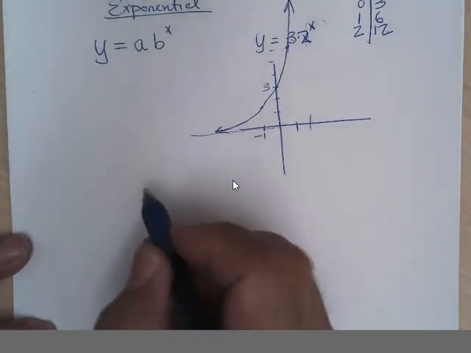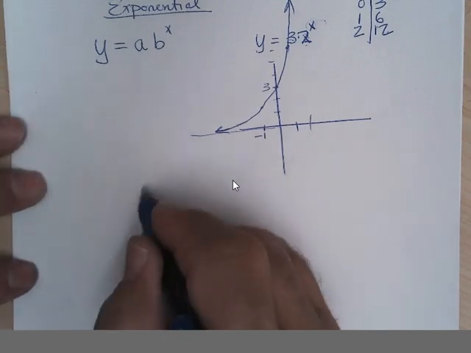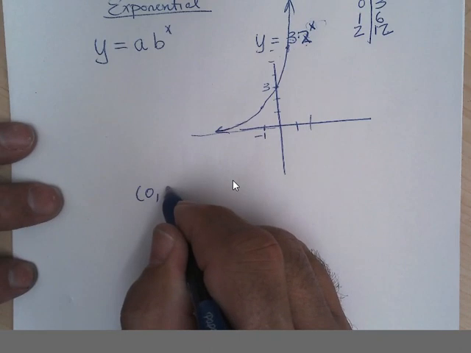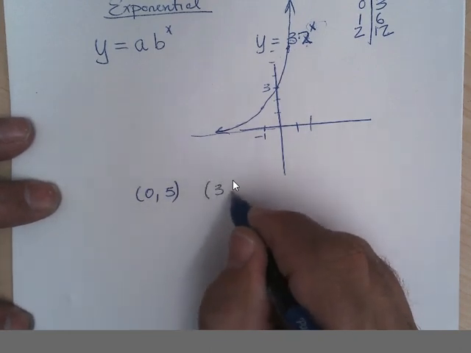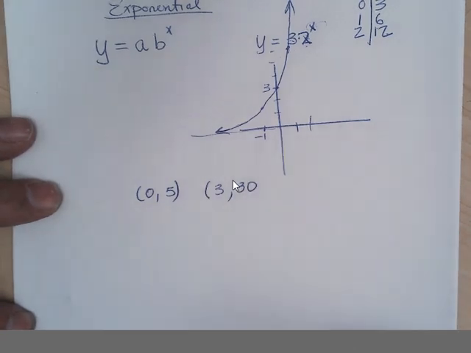So, what if we had to make a model of something going through a couple of points, like (0, 5) and (3, 30)?